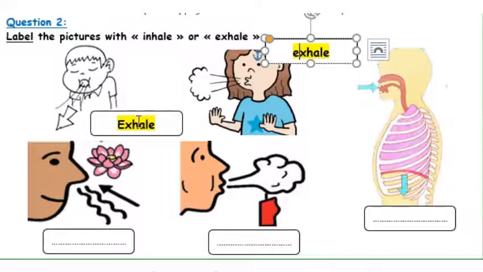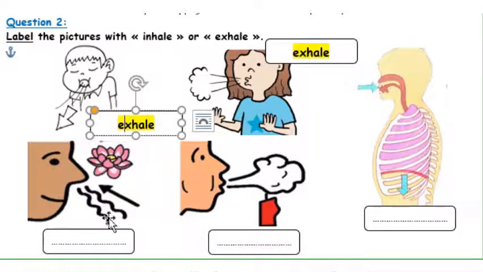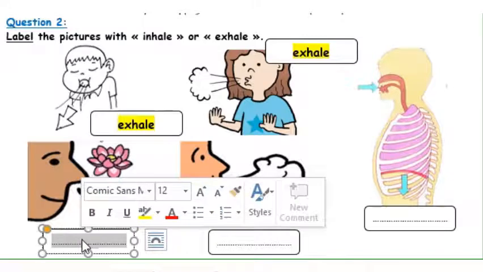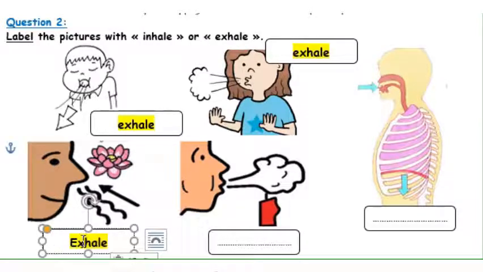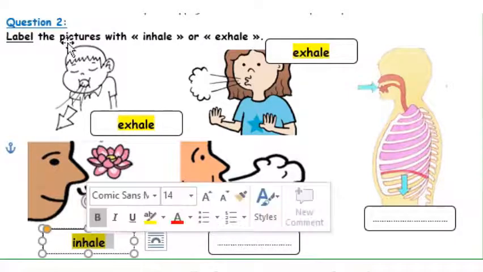The boy in the third picture is smelling a flower. Let's try to smell something. To smell, we need to breathe the air inside the body. So are we exhaling this way or inhaling air? Inhaling, that's right. So in this case, the boy is inhaling the air.